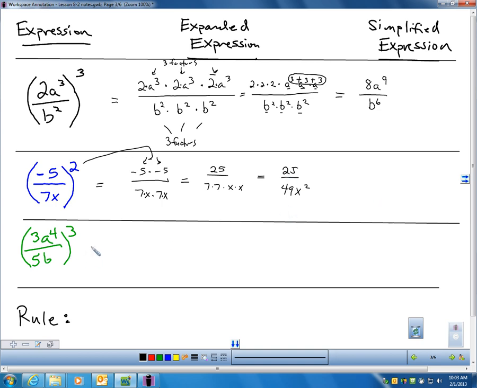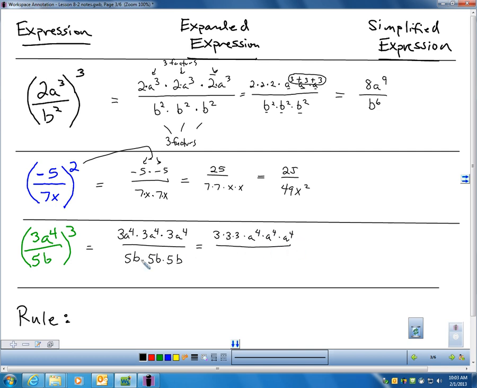And then finally here I have three factors of 3a to the 4th that I have to multiply together, and three factors of 5b that I have to multiply together. All right, so in the numerator I have 3 times 3 times 3, but I also have a to the 4th times a to the 4th times a to the 4th.